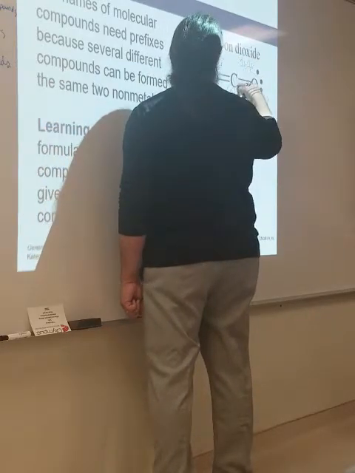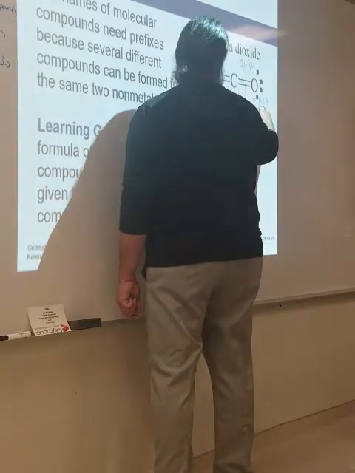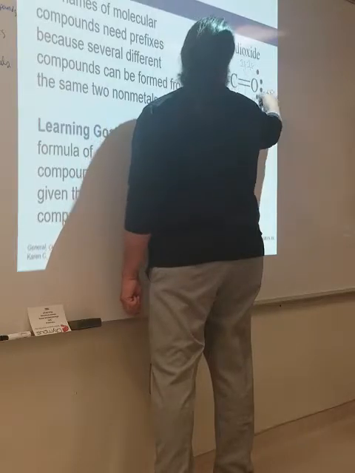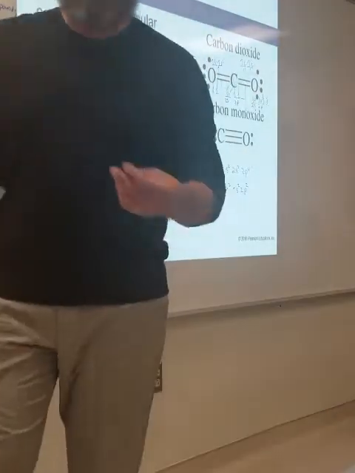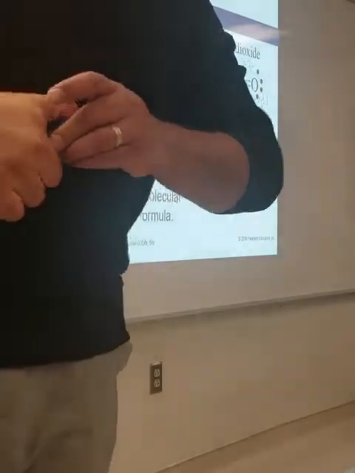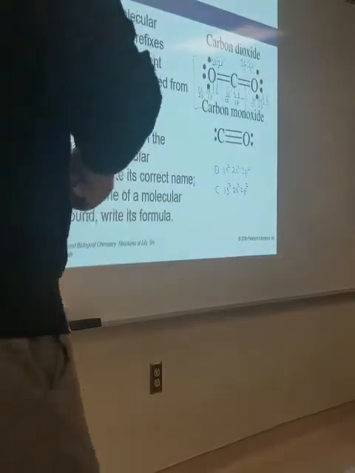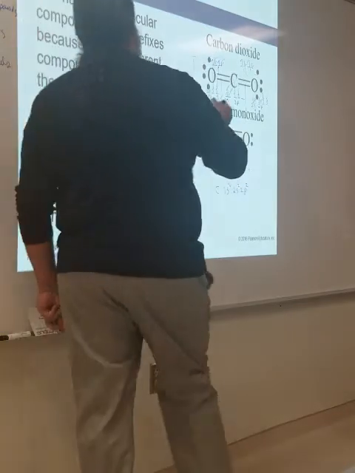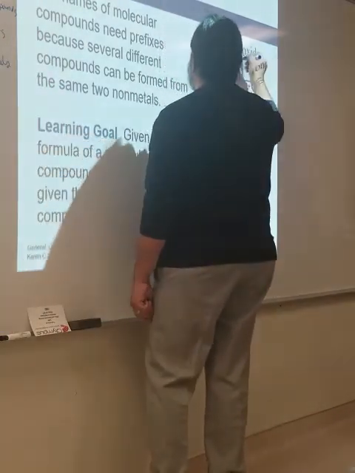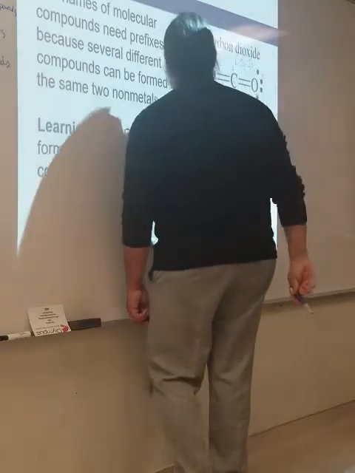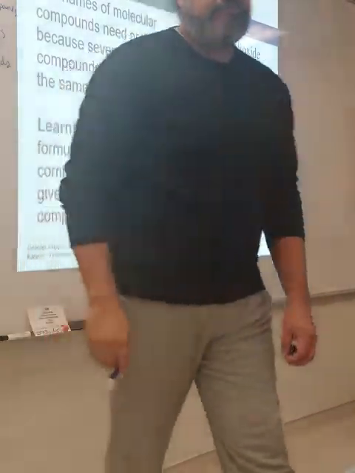Carbon has 2, 4, 8. And the other oxygen has 2, 4, 6. Everybody has an octet, but it can only happen from that sharing. So the electrons here belong to both oxygen and carbon, and those electrons there belong to oxygen and carbon.